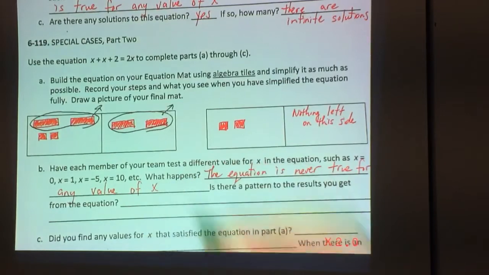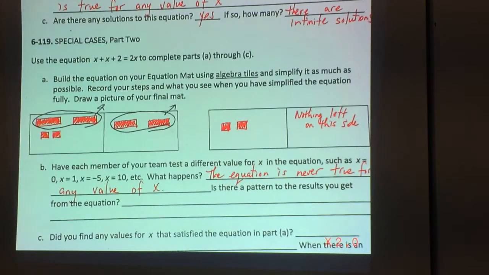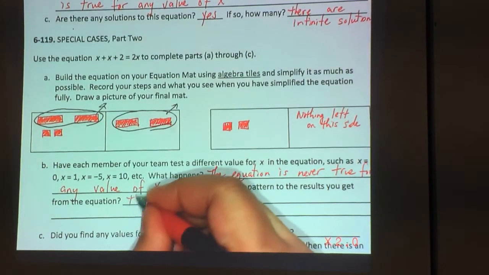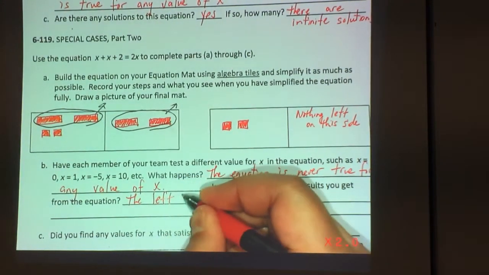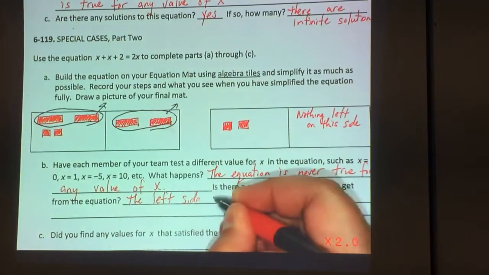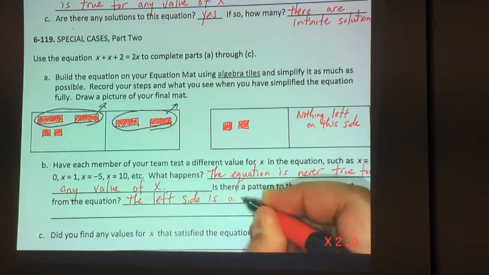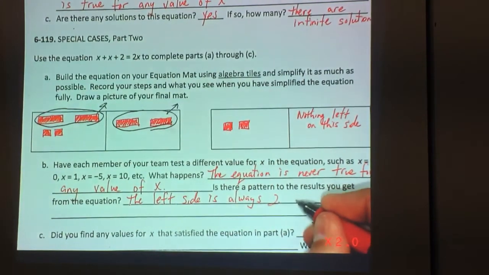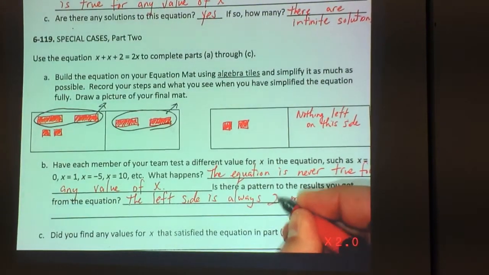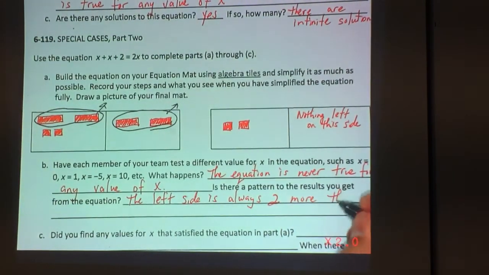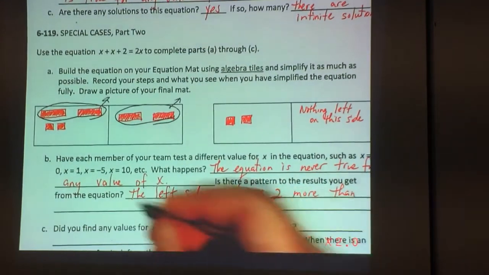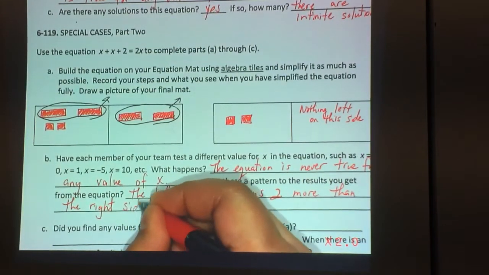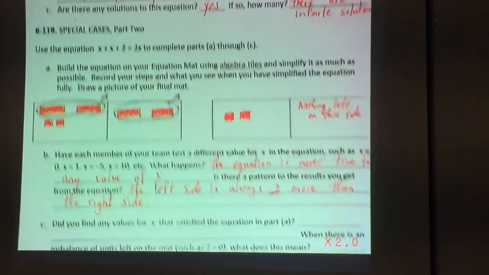Is there a pattern to the results you get from the equation? Sure there is. The left side is always 2 more than the right side.